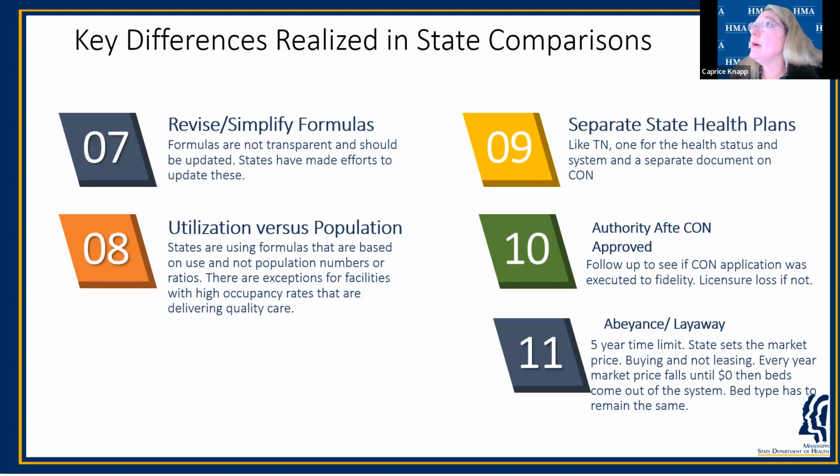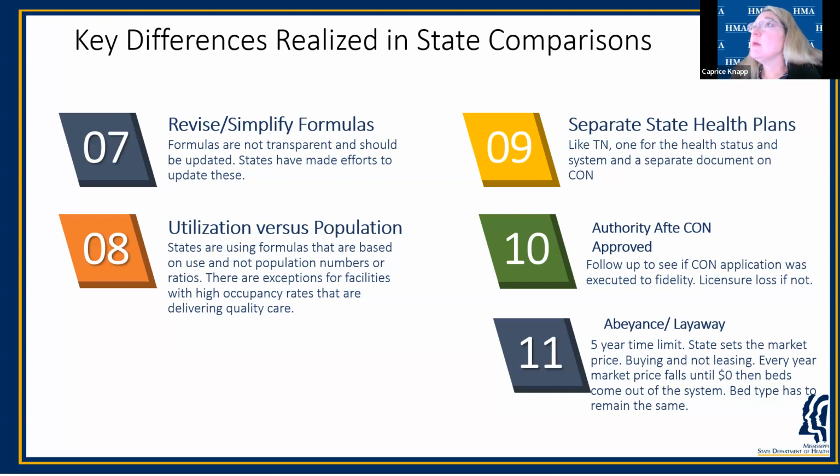Tennessee, again, on number 9, has that fantastic way that they separate their health planning from their CON process and report. And it's a shorter document, and it's absolutely transparent, and a really good one to look at if you're interested in that. Number 10, I apologize, there's a typo there.